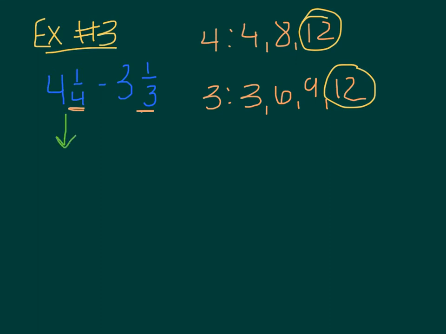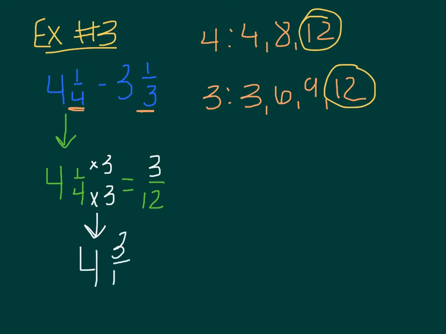So I'm going to start with 4 1/4. I have to get that denominator to 12. So I know 4 times 3 equals 12. So I have to do the same thing to the numerator. 1 times 3 is 3. So now that becomes 4 and 3/12.